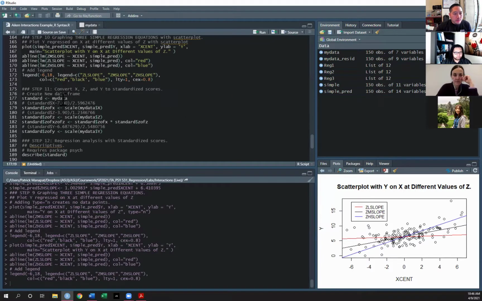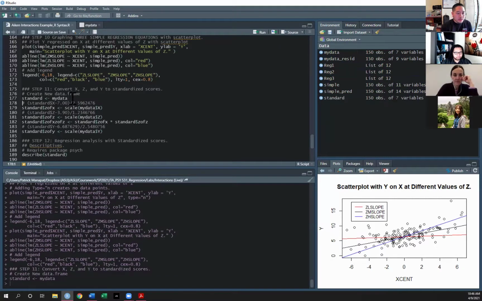If we want to get the standardized solution, I'm going to create a new data set called standard, and I'll use my original data set as the base data set. I'm going to create a variable called z of x, using the scale function to standardize my x variable. Again, this is not the center variable, this is just the original x variable.